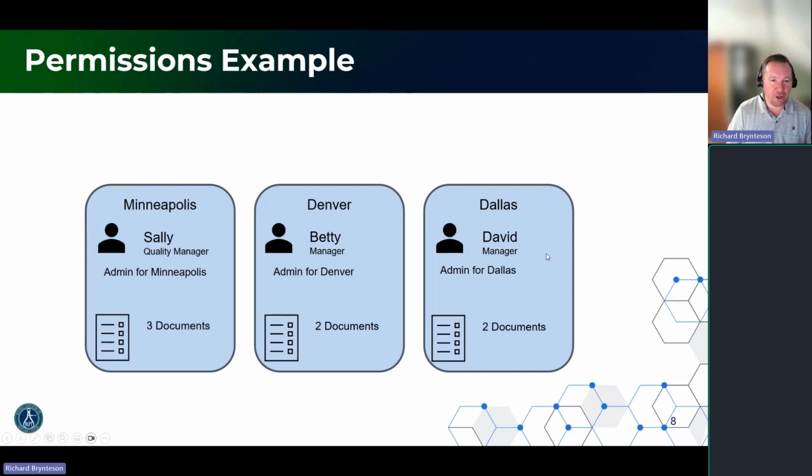So if David were to log into the system, he only has access to Dallas records. He wouldn't be able to see Minneapolis or Denver, because his environment is scoped only to Dallas documents, which is really helpful because you might have different documents that are specific to organization or to different sites and locations, but at the same time, you might have a desire to create documents across the wide spectrum of the organization.